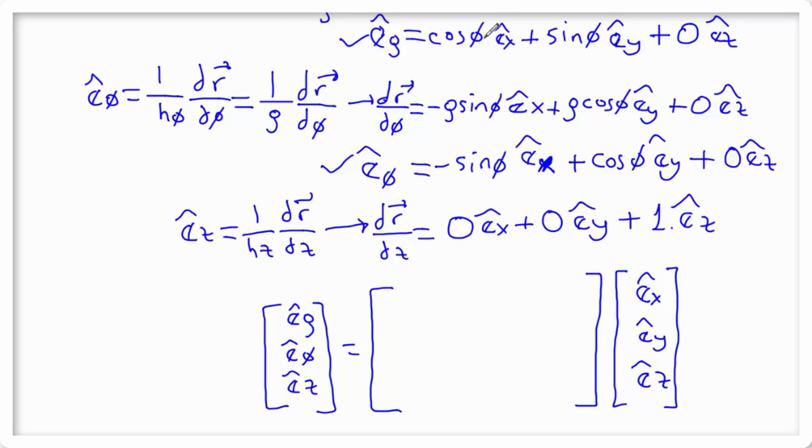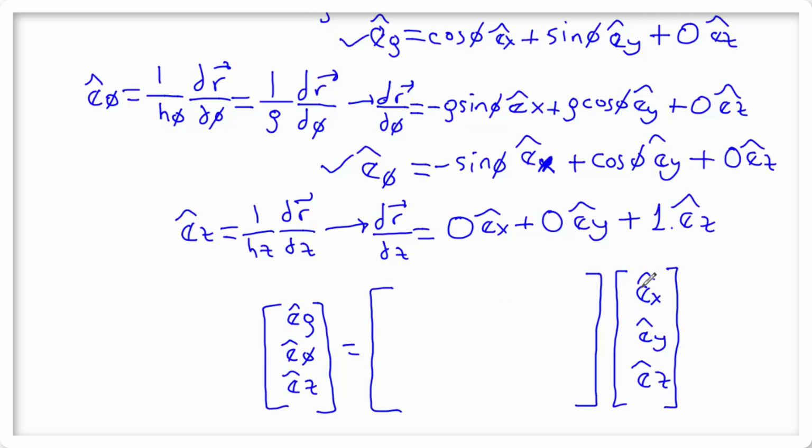I already found it. See, what is E rho here? Ex times cos phi. How was the multiplication operation in a matrix like this? I take this row and multiply it by this column exactly as it is. I am going to write 3 elements here, first, second, third.